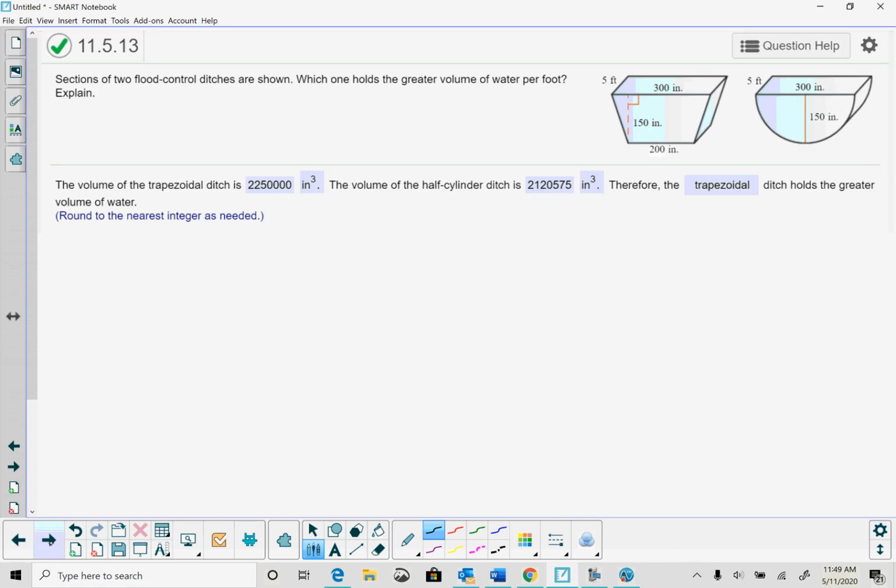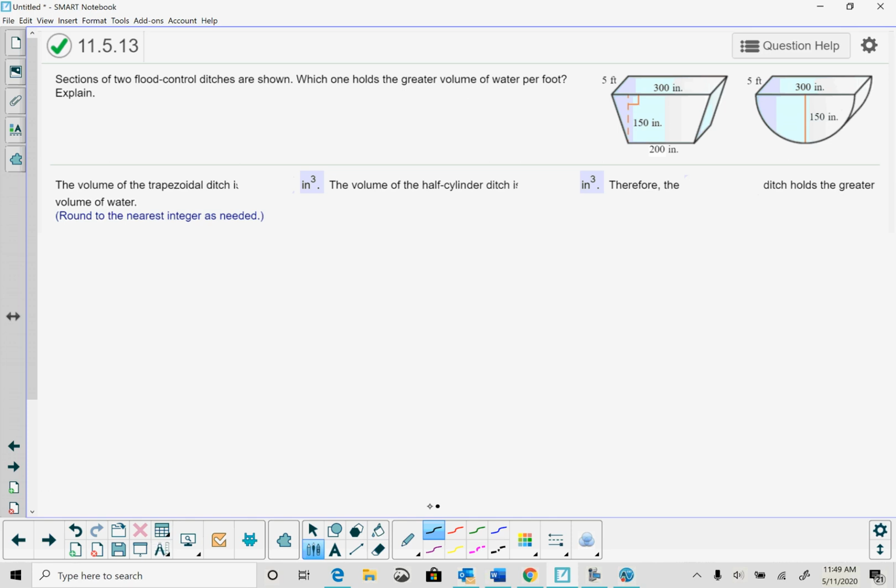Let's take a look at 13. Seems like we did one of these back in section number 2. We have 2 flood control ditches shown. Which one has the greater volume of water per foot? Yeah, we just need to compare.